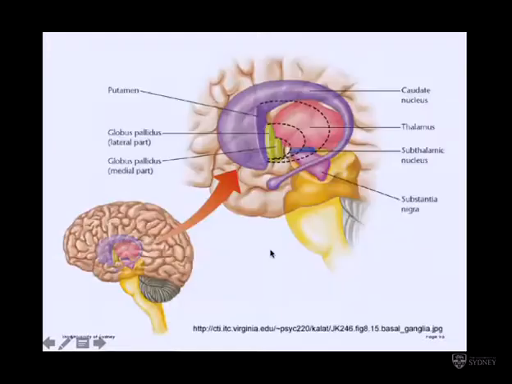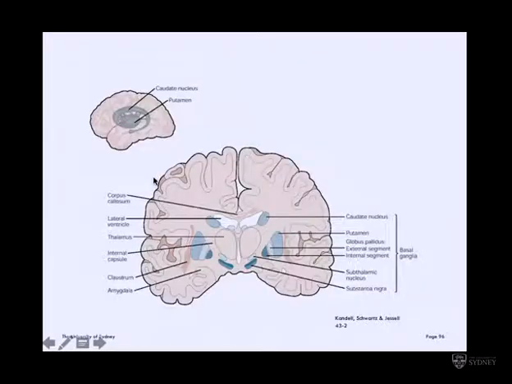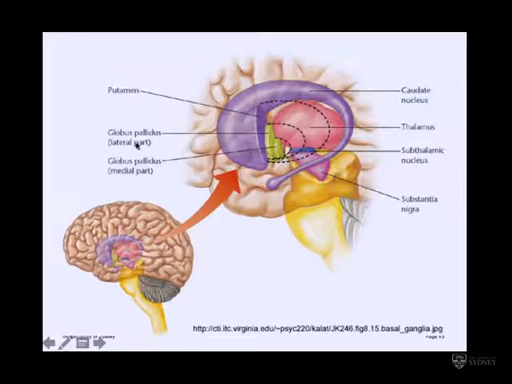You'll notice that in the previous slide, they use lateral and medial, okay? But most textbooks and most clinicians use the term interna and externa. Okay, externa referring to the lateral part of it, interna referring to the medial part of it.